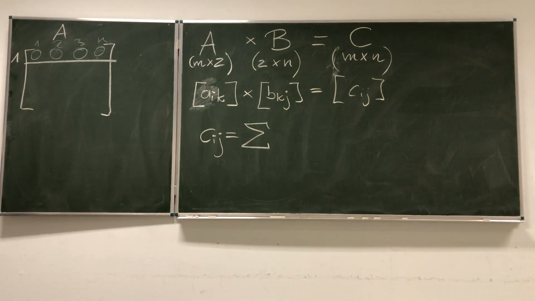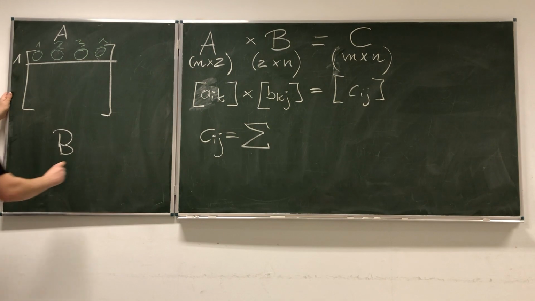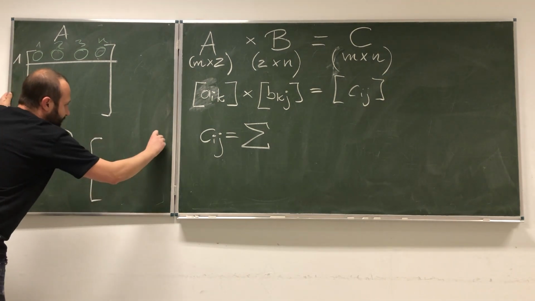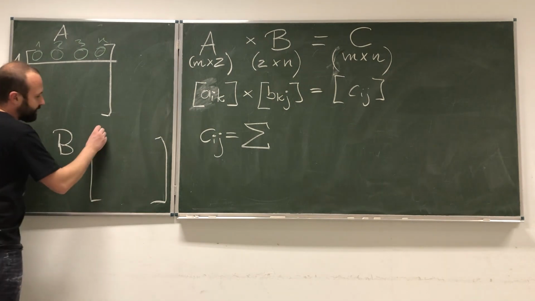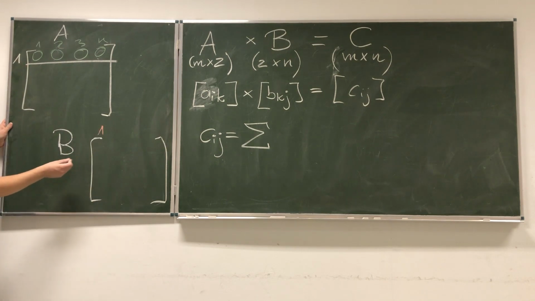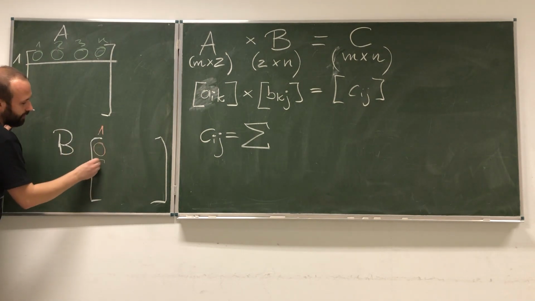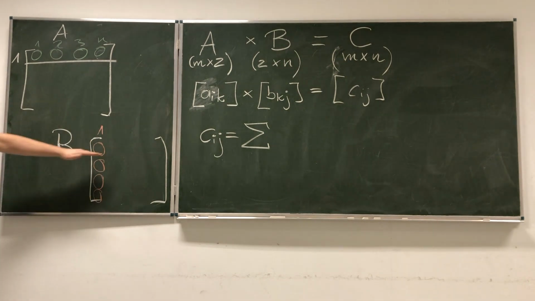Now, in case of matrix B, I do something a little bit different. Here, what I'm actually doing is choosing a certain column, and then moving along this column, but I'm moving in rows.